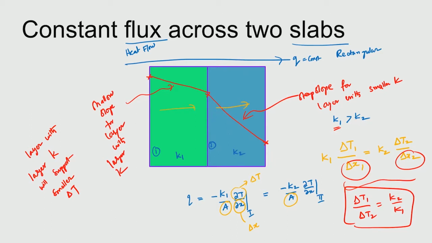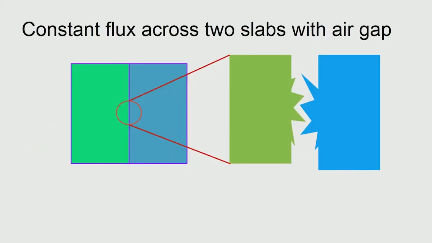Now, what we do is that we will use this analysis and see what happens when there is an air gap. So, let us say the same situation is happening, only thing is that the contact between the two layers is not very good, and we zoom in this region and see that what happens here is that there is an air gap. So, this is air, okay, and assuming that these two blocks are basically metallic, which means that thermal conductivity of air is definitely much less than either K1 or K2.